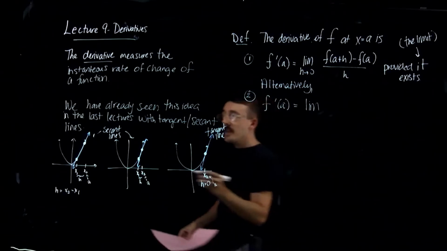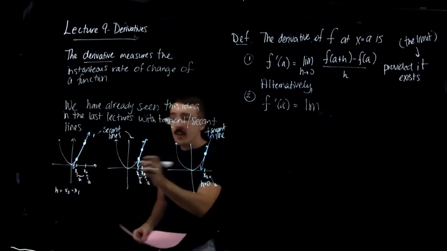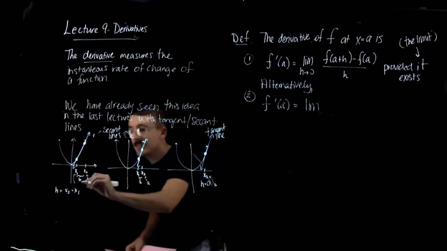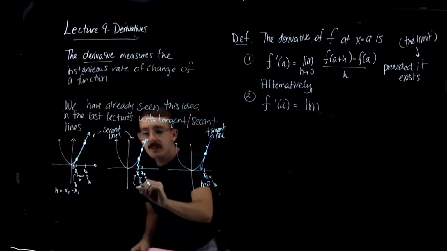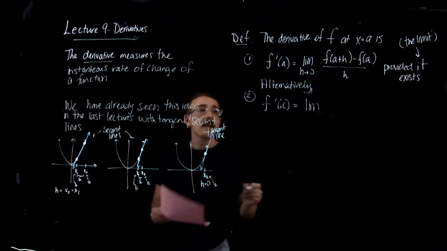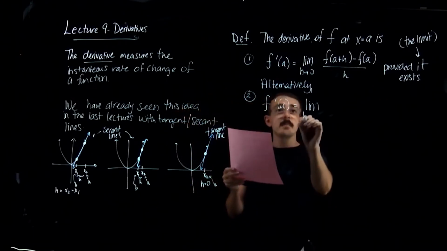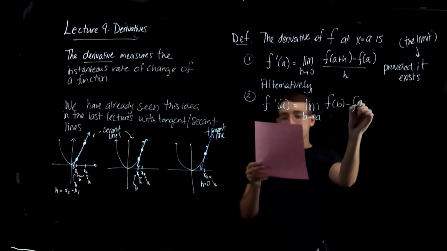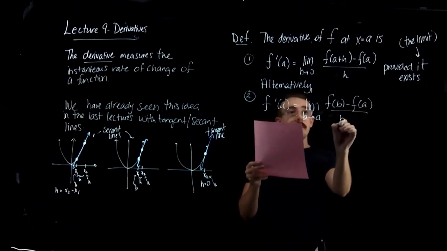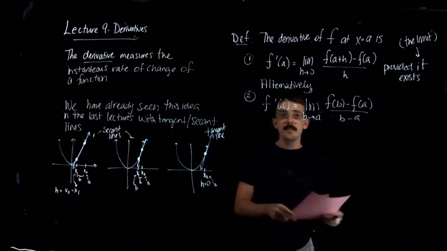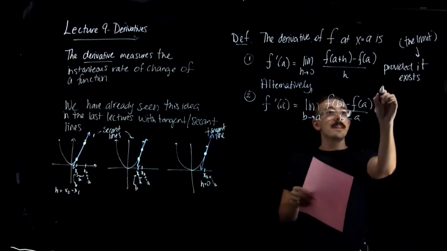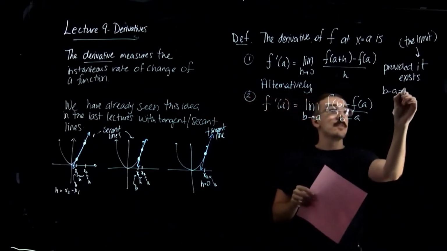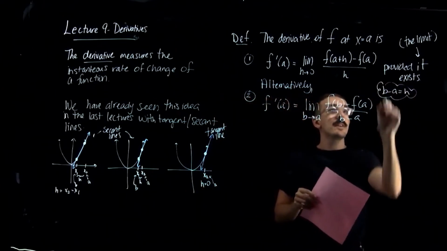And if I call this second point right here, this x1 that I'm scooting closer and closer to x2, if I call that b, so let's call that one b, then it's the limit as b approaches a of f of b minus f of a over b minus a. So notice b minus a, what did I call that distance here? That's actually just h.